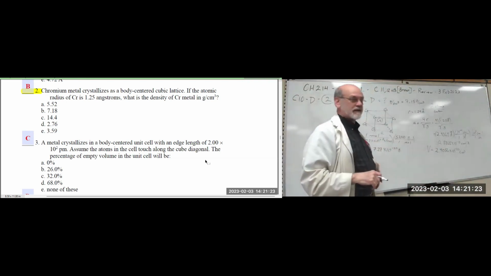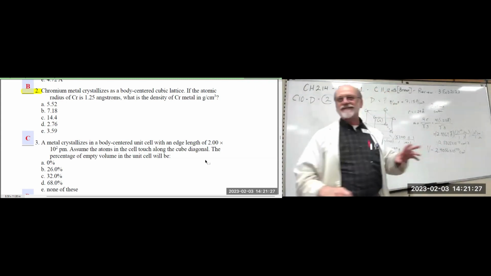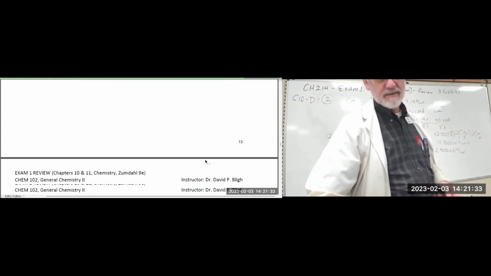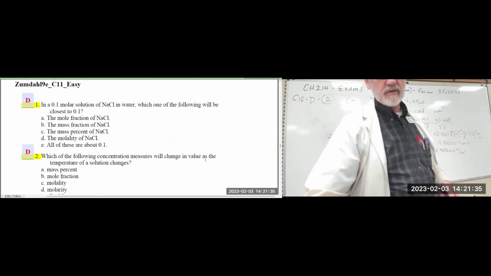And I get 7.18 as density. Grams per cubic centimeter. Is that on there? Yeah, it's B. 7.18. Did you see the jump I made? Mass divided by volume. Okay. Sometimes I skip steps and it messes with my students' minds.